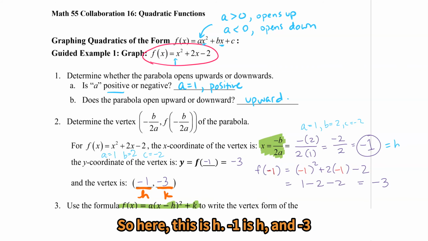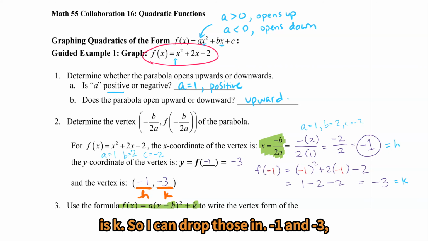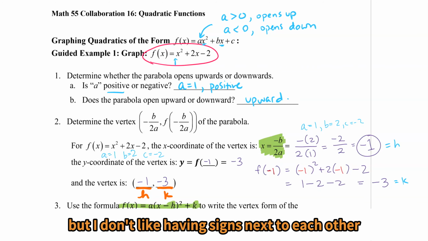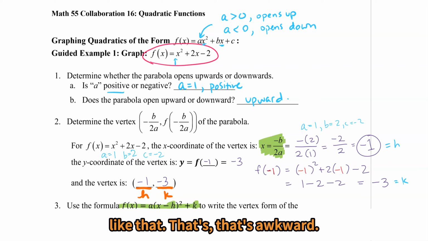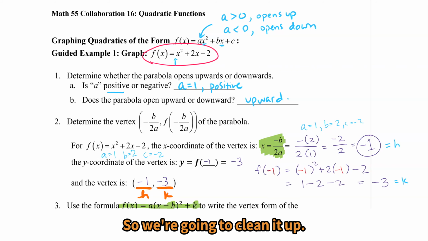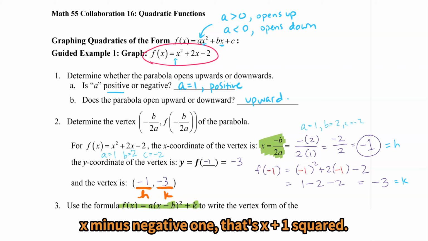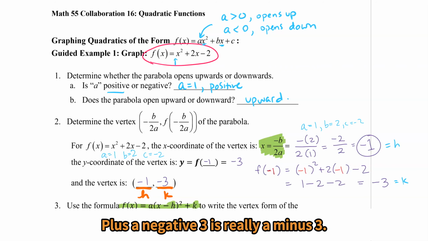So here, negative 1 is h, and negative 3 is k. So I can drop those in, negative 1 and negative 3, but I don't like having signs next to each other like that. That's awkward, so we're going to clean it up. X minus negative 1, that's x plus 1 squared, plus a negative 3 is really a minus 3.